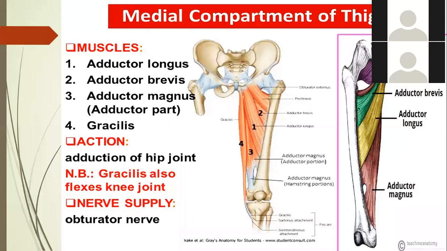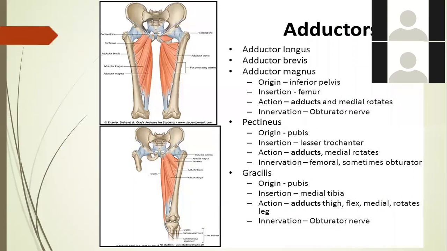So it is very simple to identify the musculature of the medial compartment of the thigh like this picture. Again, see here, these are just the names of the adductors. And what are the adductors? The muscles found in the medial compartment of the thigh: adductor longus, adductor brevis, adductor magnus.